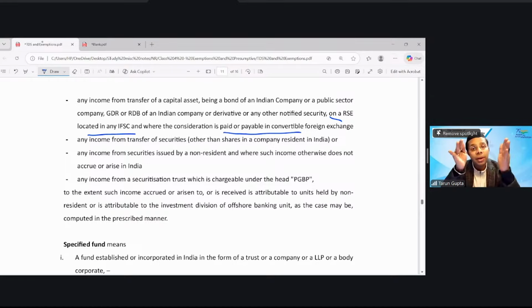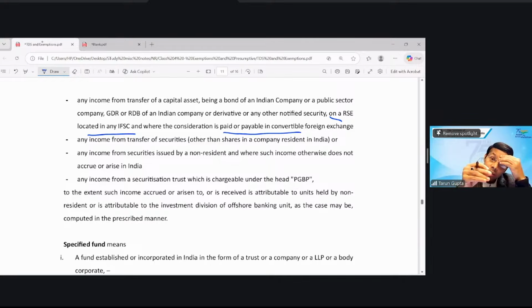Though IFSC is in India, the financial dealings there happen not in INR but in foreign currency. So I told you it's actually a foreign land within India, treated as a foreign land for all tax and regulatory purposes. So it is a recognized stock exchange.